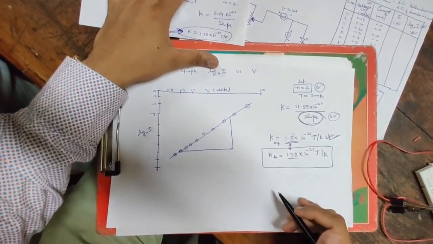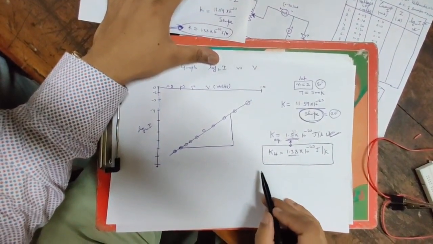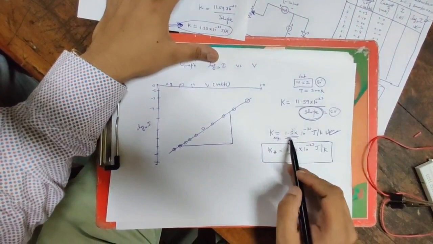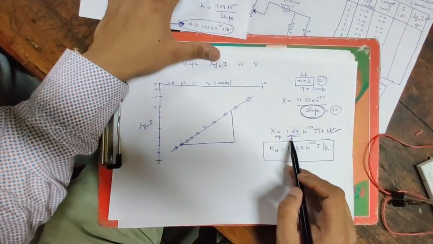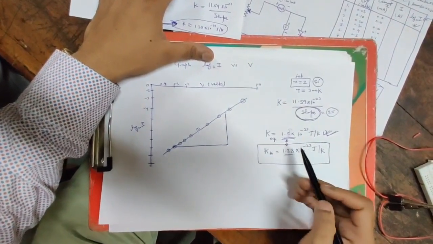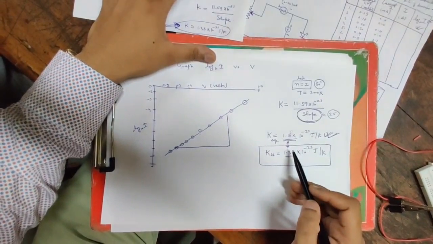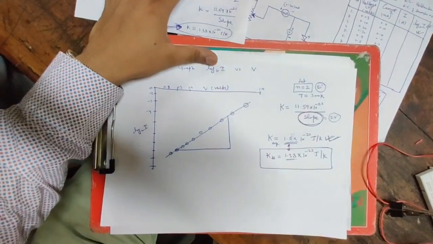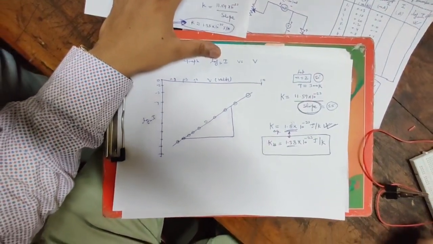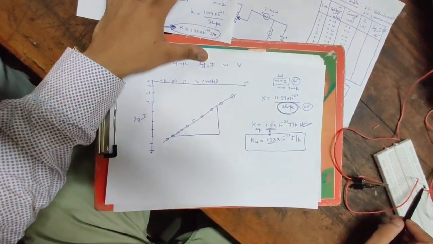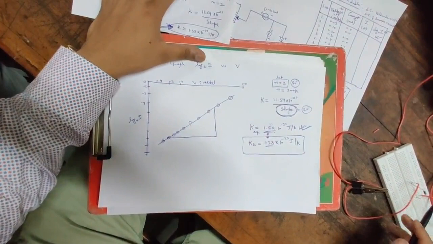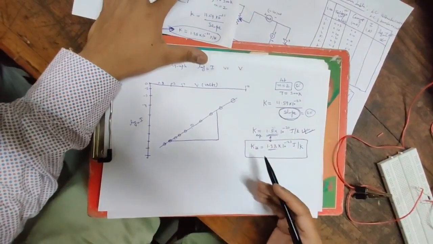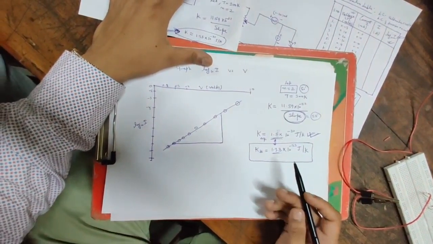Why is it so? The high value of K is because my n, which I took equal to 1, however, generally lies between 1 and 2. For the diode which we are using here, these values can vary from 1 to 2, even greater than 2 in some cases, right?